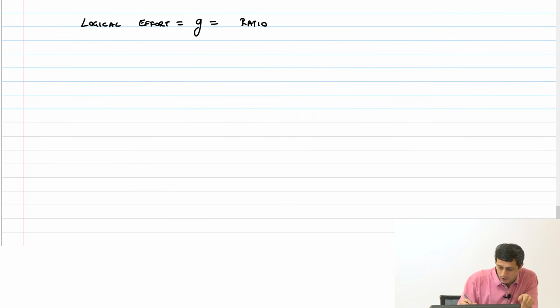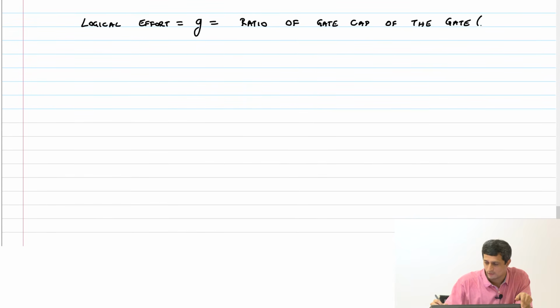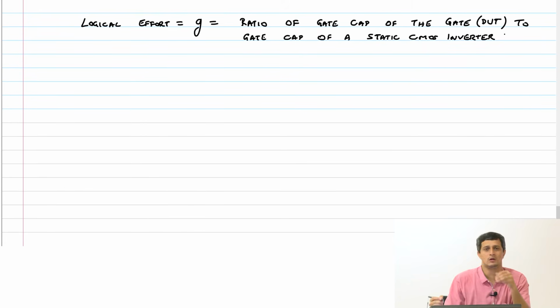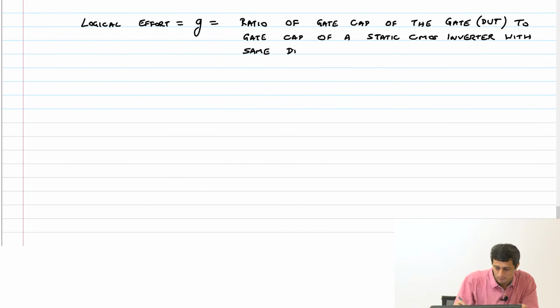So what is logical effort formally? It's called G, the variable is G. It's basically the ratio of gate cap of the gate, or the DUT, device under test, to gate cap of a static CMOS inverter with the same drive strength.